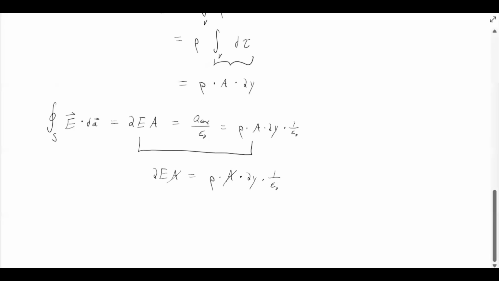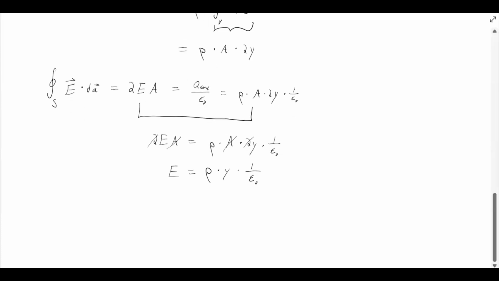And so these 2s cancel out. We note that we didn't need to know the area because the area cancels out of this equation. So E would simply be equal to rho times y, times 1 over epsilon naught.